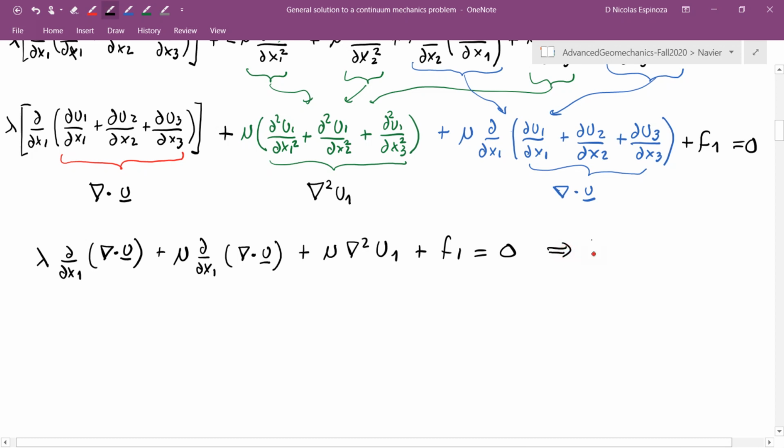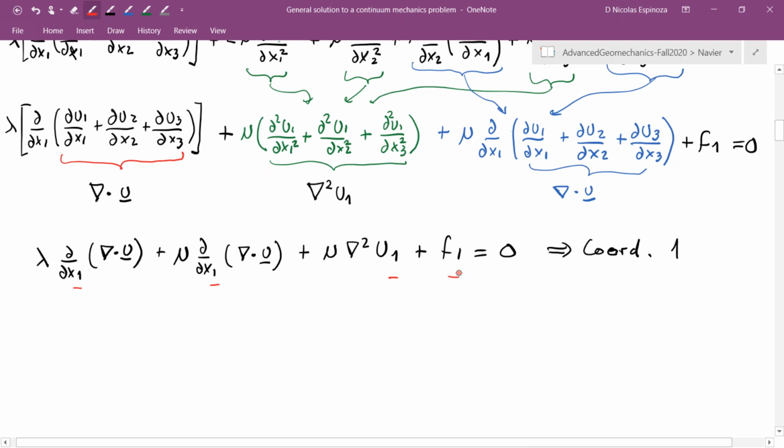And what we're going to do is generalize this for all the coordinates. And as you can see here, for direction number 1, the only ones that appear are here, there, there, and there.